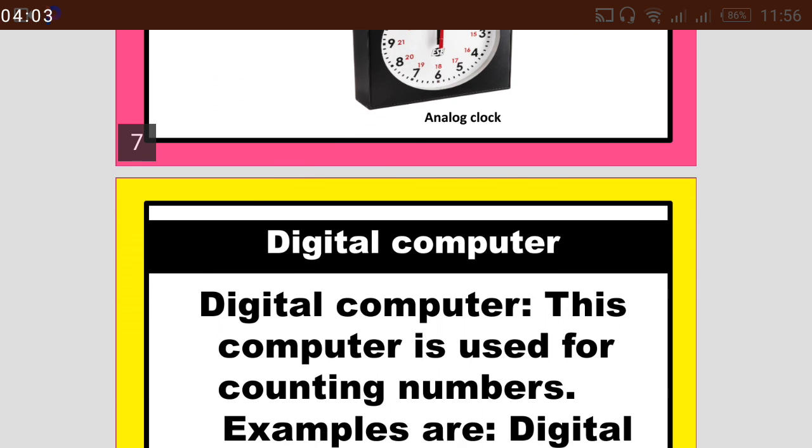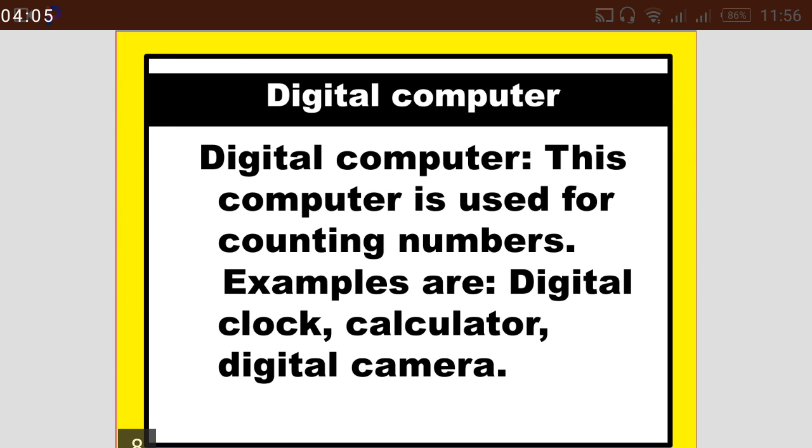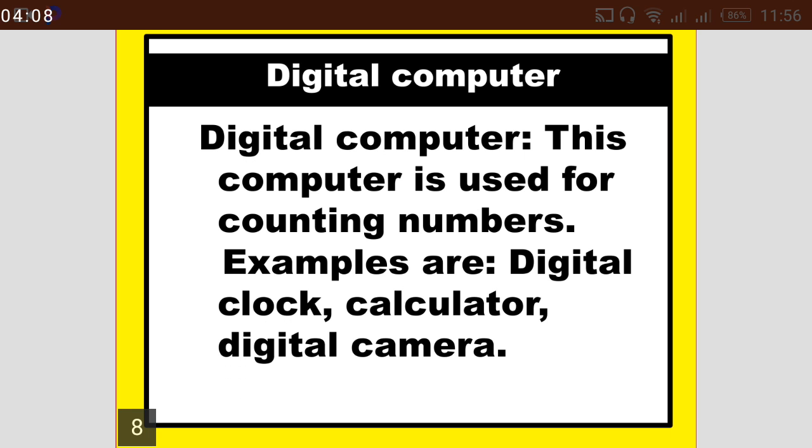Now I would like us to move down to another type of computer, which is digital computer. Now digital computer is used for counting of numbers, because when you look at the examples, you can easily recognize the numbers on it. So we use digital computer for counting of numbers.